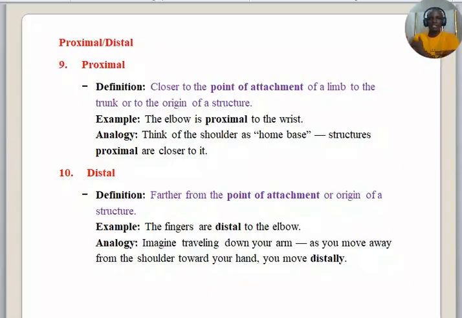Any structure found closer to the home base of the shoulder, we refer to as proximal. Then we talk of distal, meaning farther from the point of attachment. You're moving far away. So the fingers are distal to the elbow. They are far from the elbow. Imagine traveling down your arm as you move away from the shoulder towards the hand. You move distally, of course.